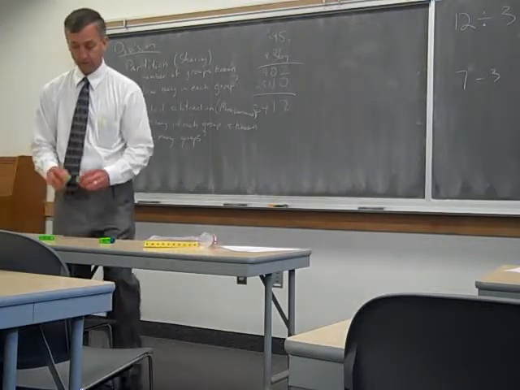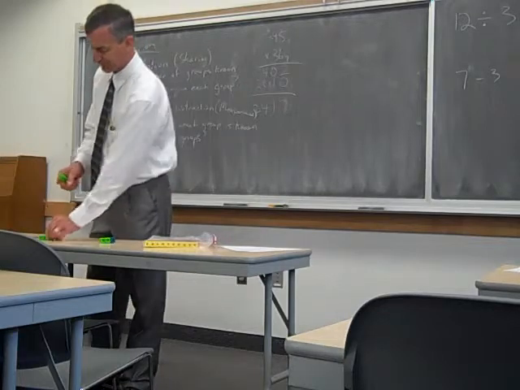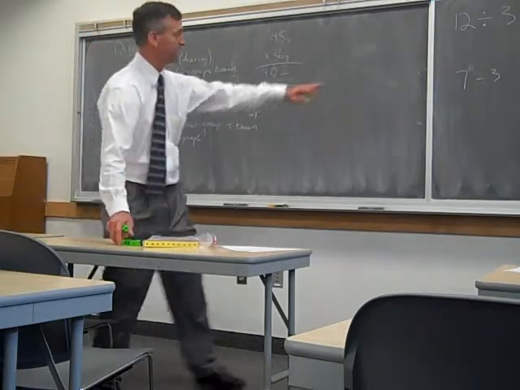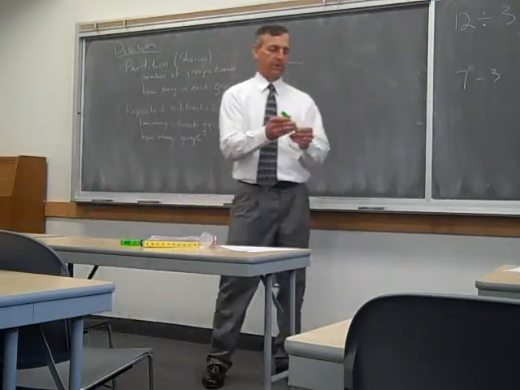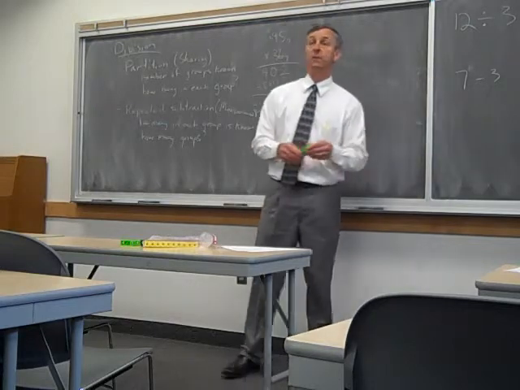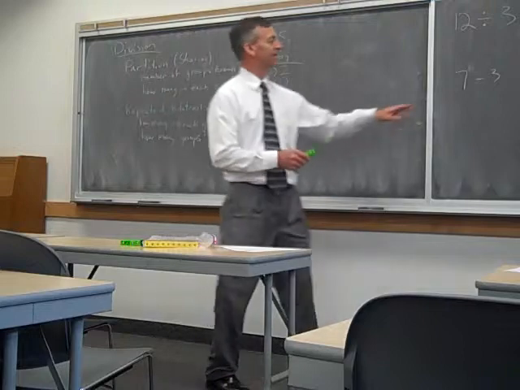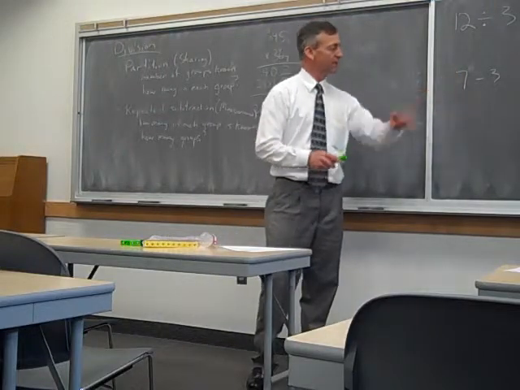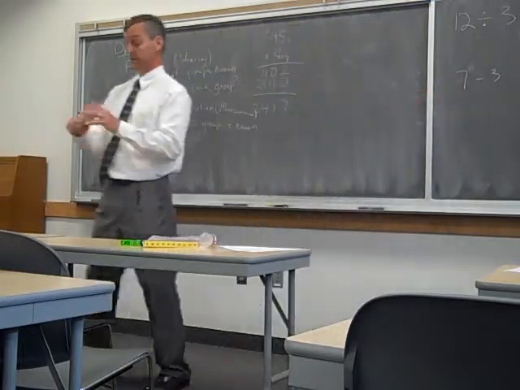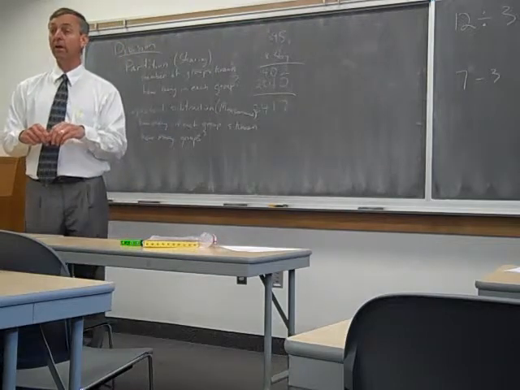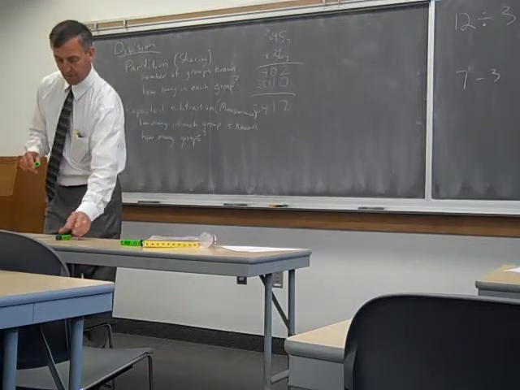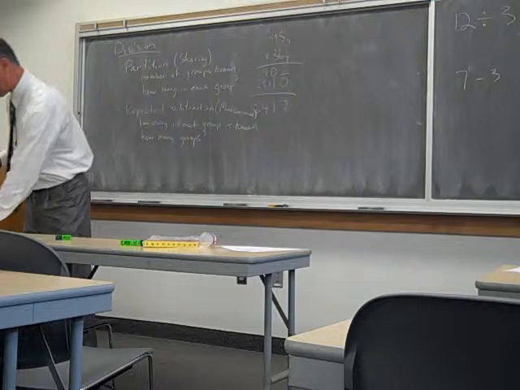All right, let's do this second one that way. Repeated subtraction with this one says what? Repeated subtraction model for this one says break off. I know there are 3 in the group.